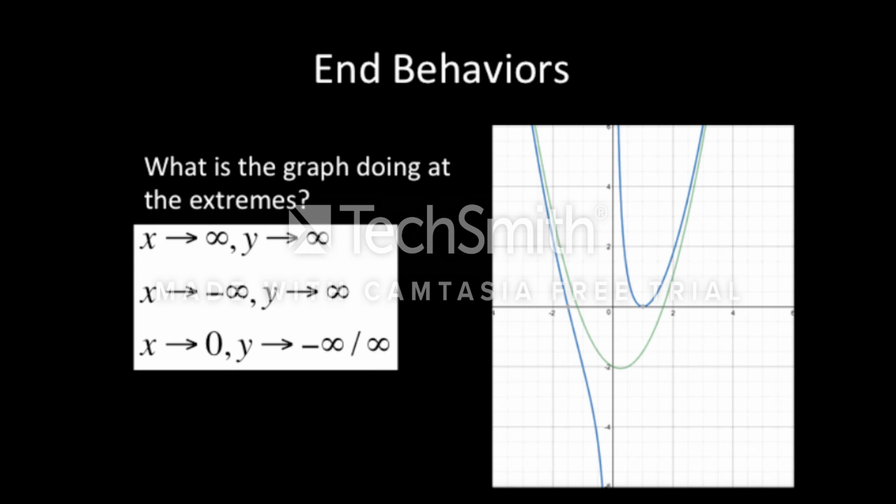As x is approaching infinity, y is also approaching infinity, as you can see in this graph here. However, as x approaches negative infinity, y also approaches infinity again, as you can see right here. However, as x approaches 0, which is our vertical asymptote, y either approaches negative infinity, which you can see down here, or it approaches infinity right here.